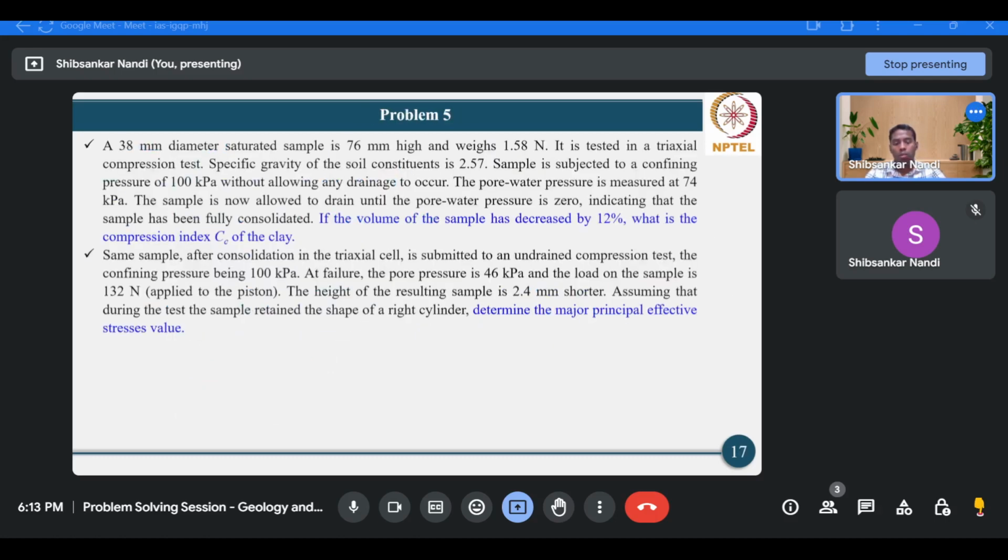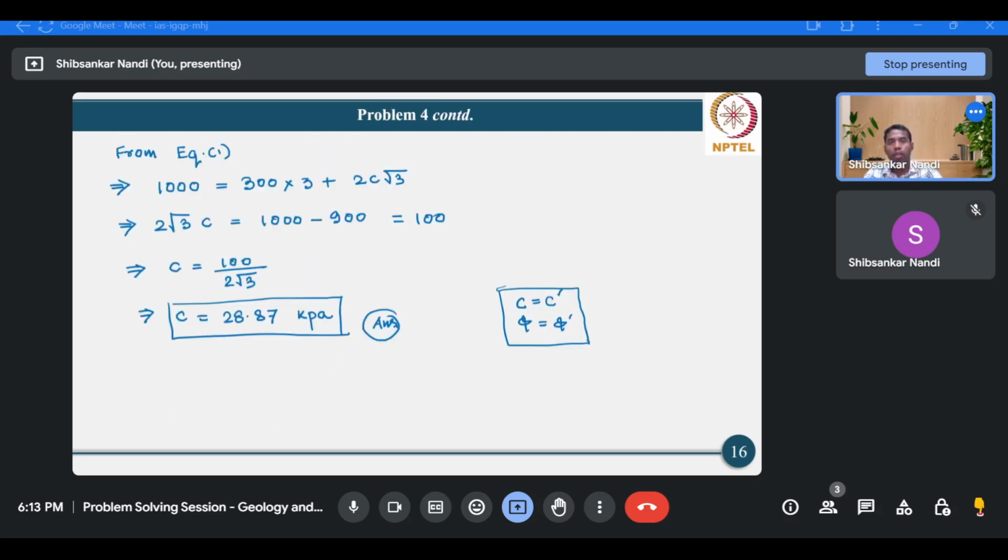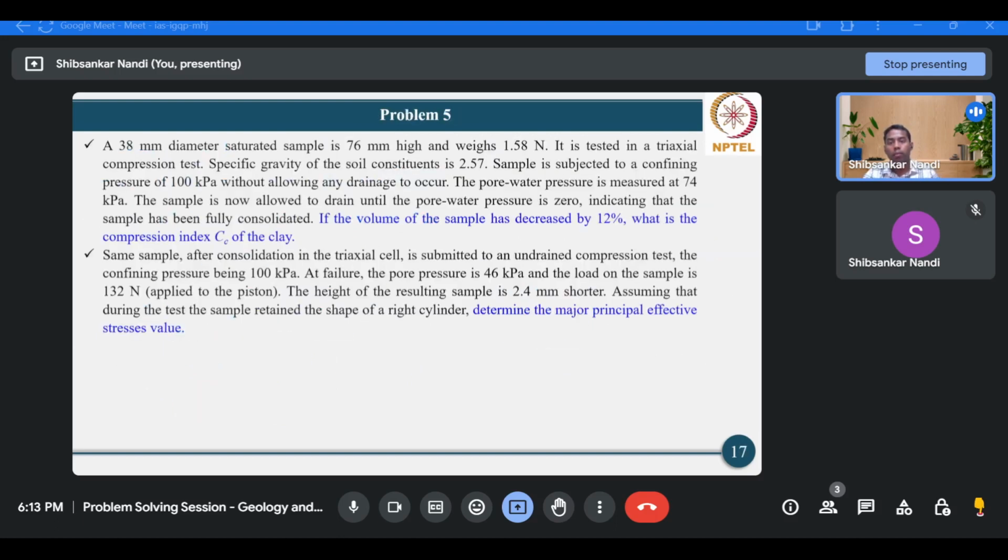Now we'll go for problem 5. So it's a big problem statement here. First of all, a 38 millimeter diameter saturated sample is 76 millimeter high and weighs 1.58 Newton. It's tested in a triaxial compression test. Specific gravity of the soil constituents is 2.57.